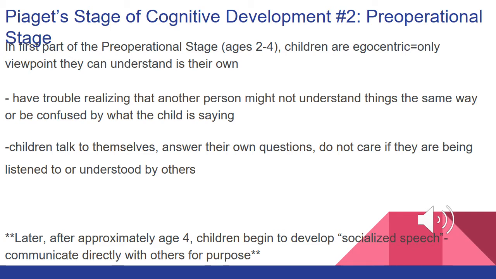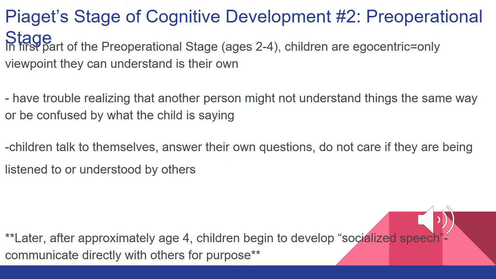Also, children are primarily talking to themselves. So they'll ask questions or they'll talk out loud, and it will appear that these 2-year-olds are talking to each other, but actually they're talking to themselves. They're answering their own questions.